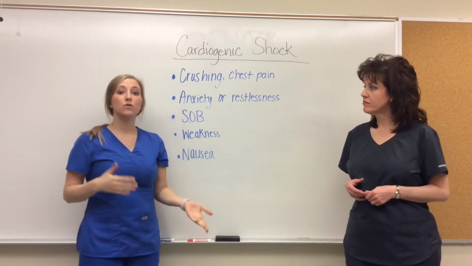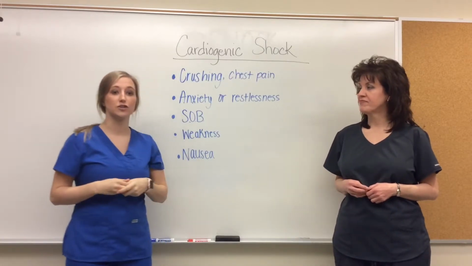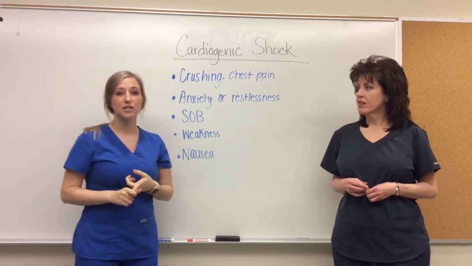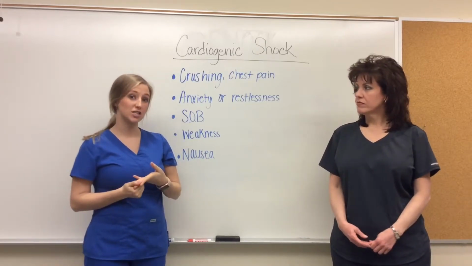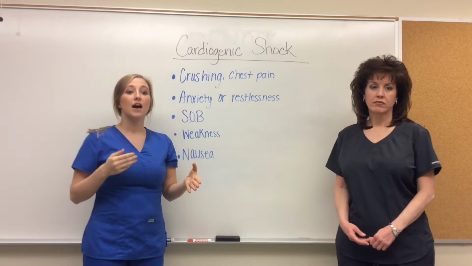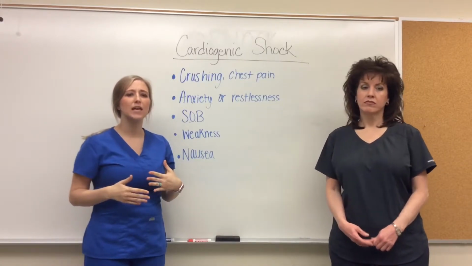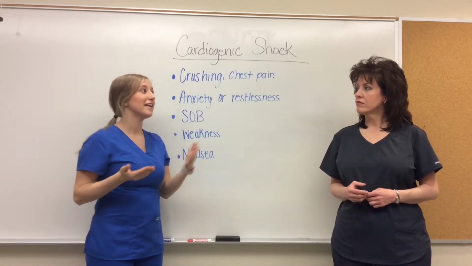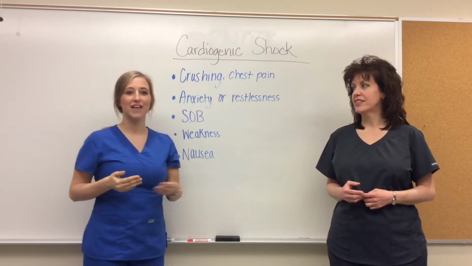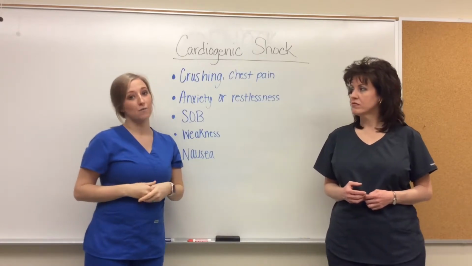Typical clinical manifestations that we could also recognize include a decreased level of consciousness, increased respiratory rate, decreased oxygen saturation, decreased capillary refill, and weak peripheral pulses. They might have jugular vein distension because, remember, it's from heart failure. They could have crackles in their lungs and a low urine output.